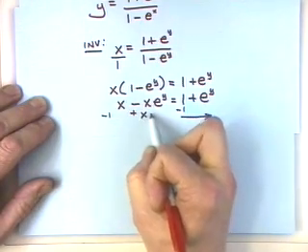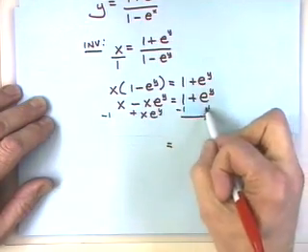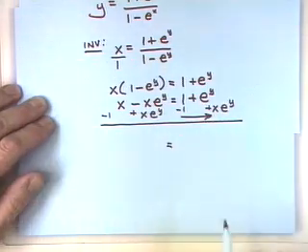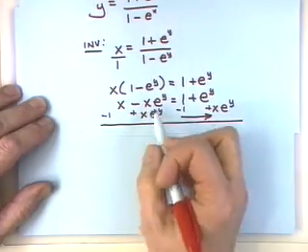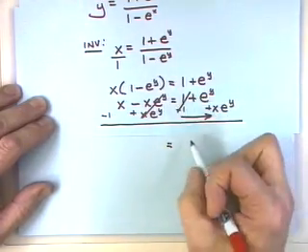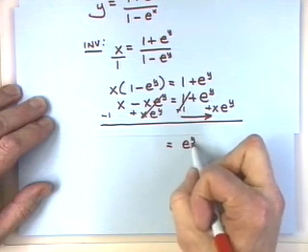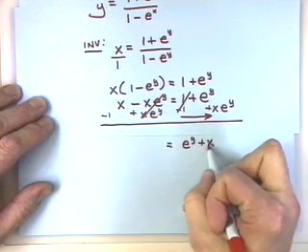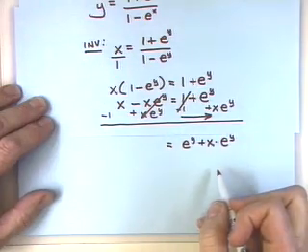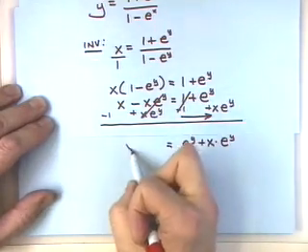Add x e to the y. So if we do that, what are we left with over here? That's gone. That's gone. Looks like e to the y plus x e to the y. I think this is going to work out fairly nicely. And then over here, what do we have? x minus 1?